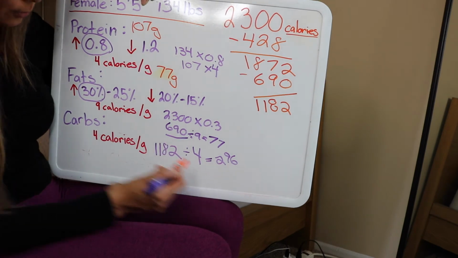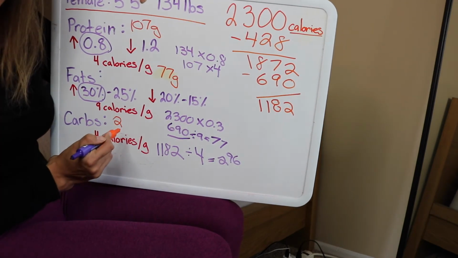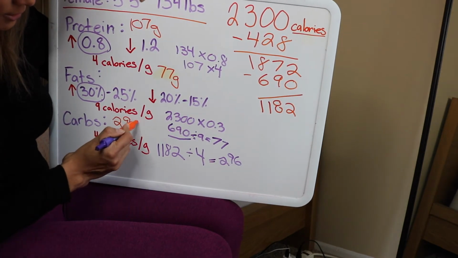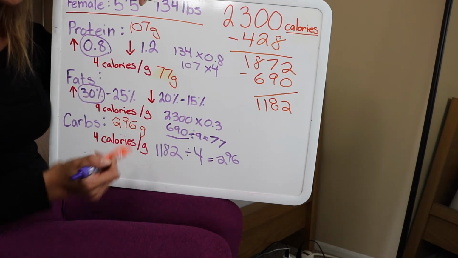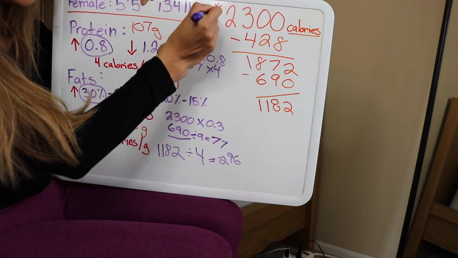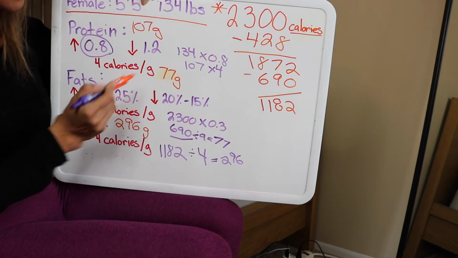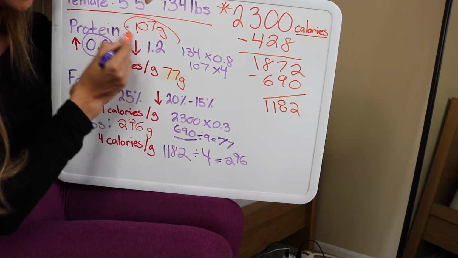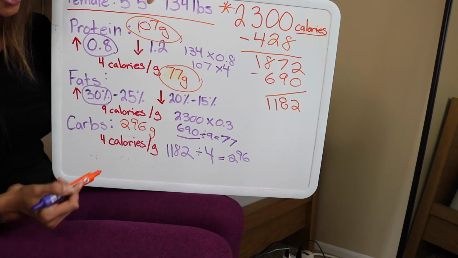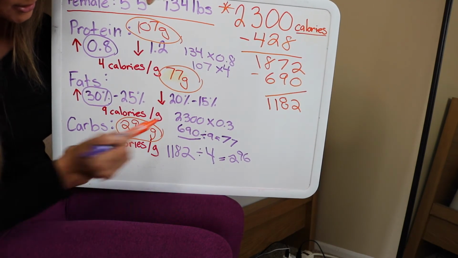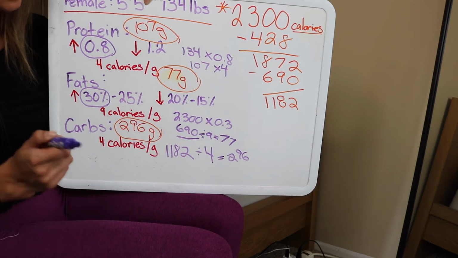So in total, I will be eating 296 grams of carbs. So my goal is to always hit 2,300 calories, and by hitting that number, I will be intaking 107 grams of protein, 77 grams of fat, and 296 grams of carbohydrate.